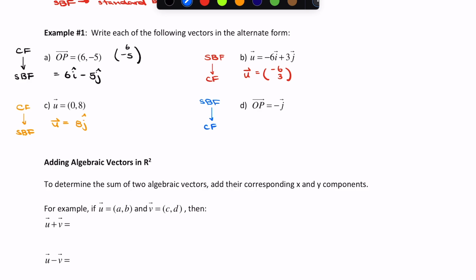If we look at it in terms of -j, it is moving 1 unit down. So that means in component form, vector OP has no i component, so it's 0 and down 1, so -1.